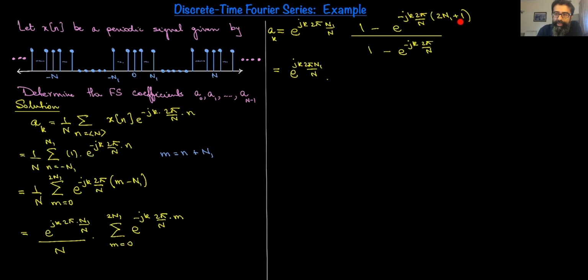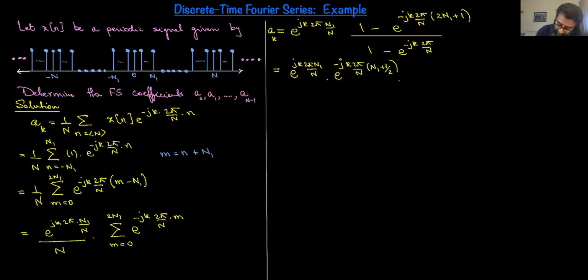So all I want to do is take out as common e raised to the power minus j times this term divided by 2. That term is e raised to the power minus j k 2 pi by capital N times n1 plus half.